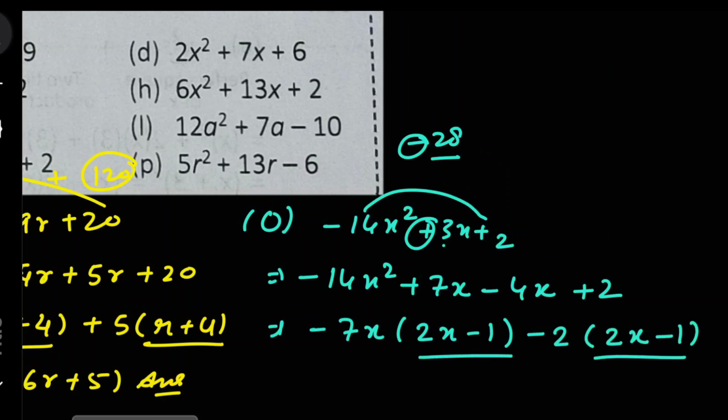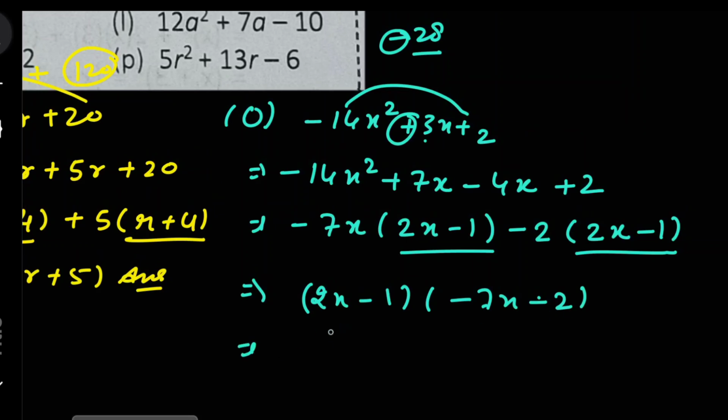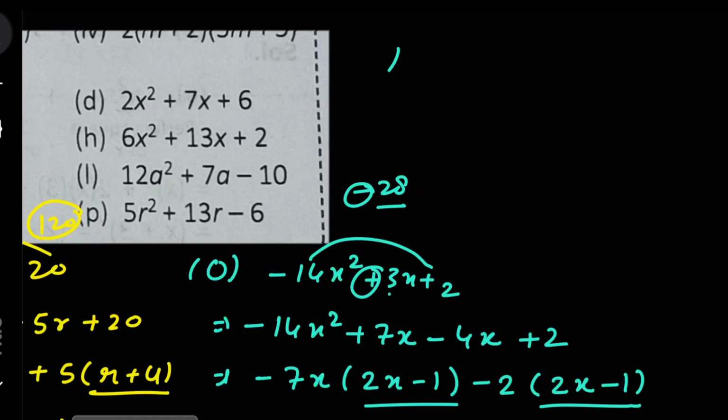So here it is the same, so taking it as a common, we will have minus 2x minus 1 and minus 7x minus 2. So it can be written like this: minus 2x minus 1 and 7x plus 2. This is our answer.